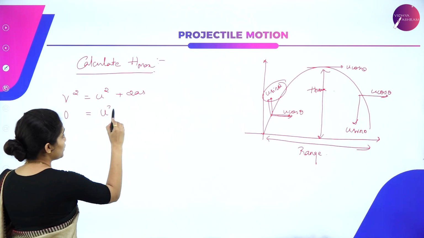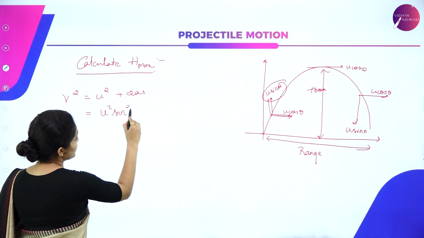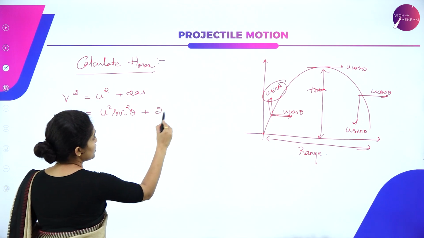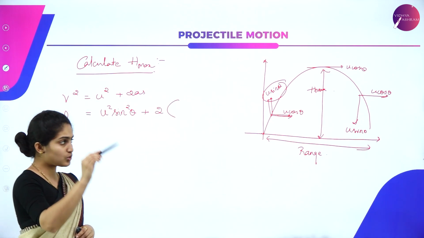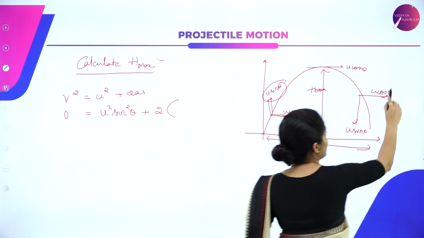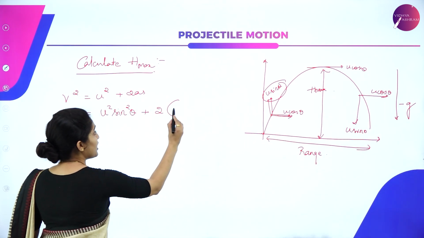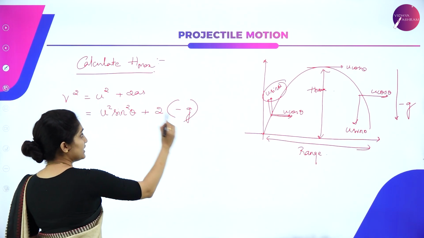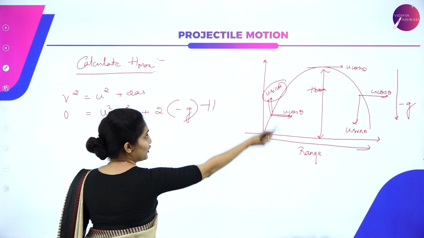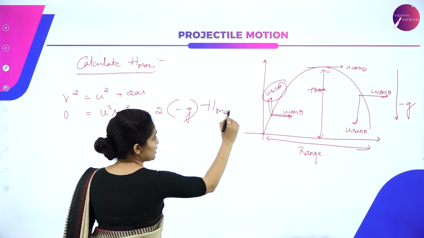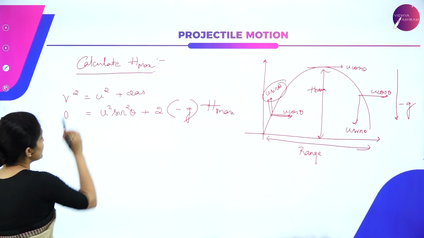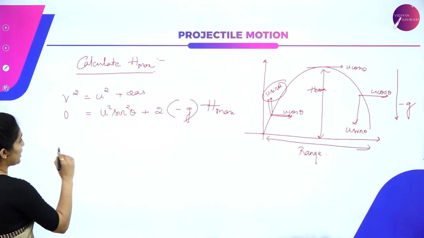So we have u square sine square theta plus 2 times the acceleration due to gravity, which is downwards, so it is negative g, rewritten as minus g times s. S is the displacement of the object. H max is what I'm considering because I'm calculating h max itself. So what happens to this?